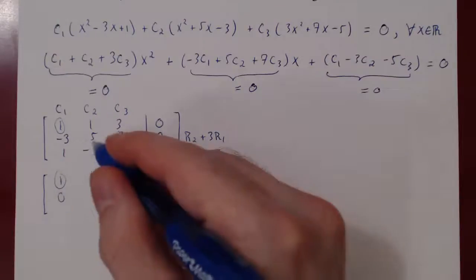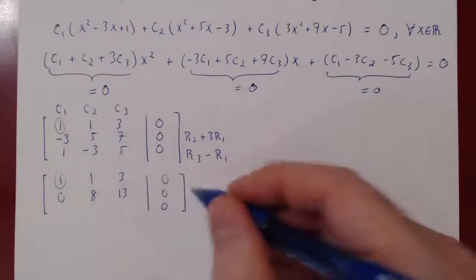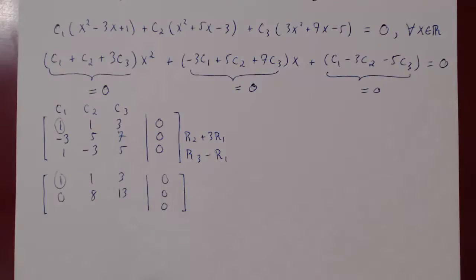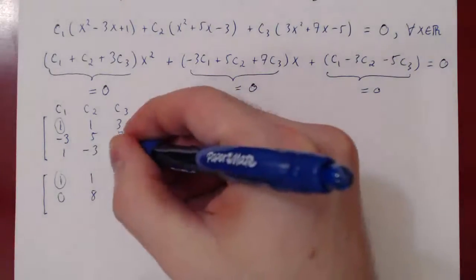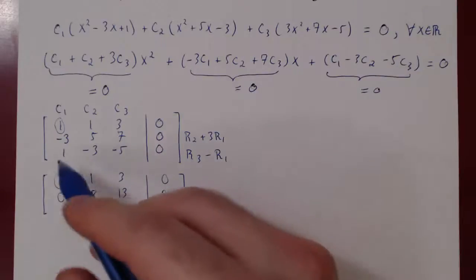So we'll get 0, 5 plus 3, 8, 7 plus 9, 16.